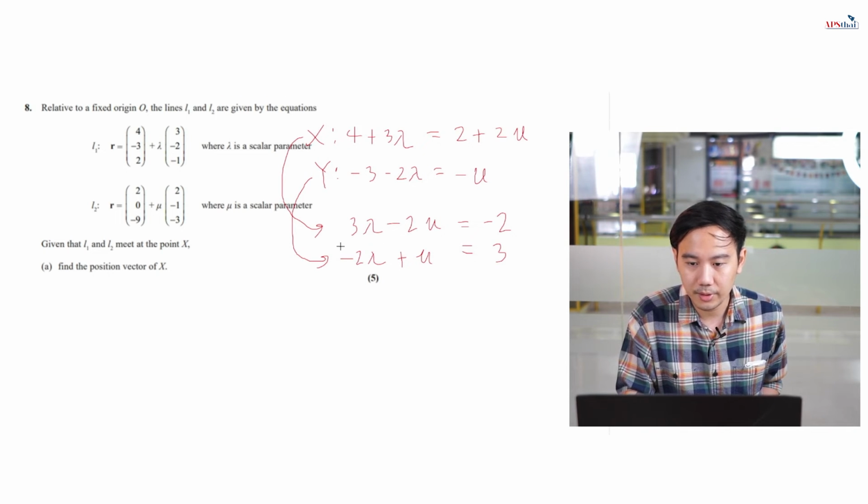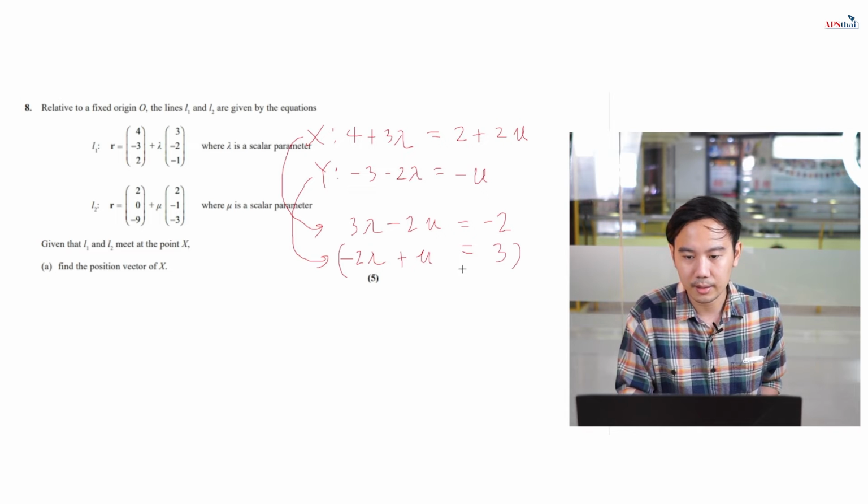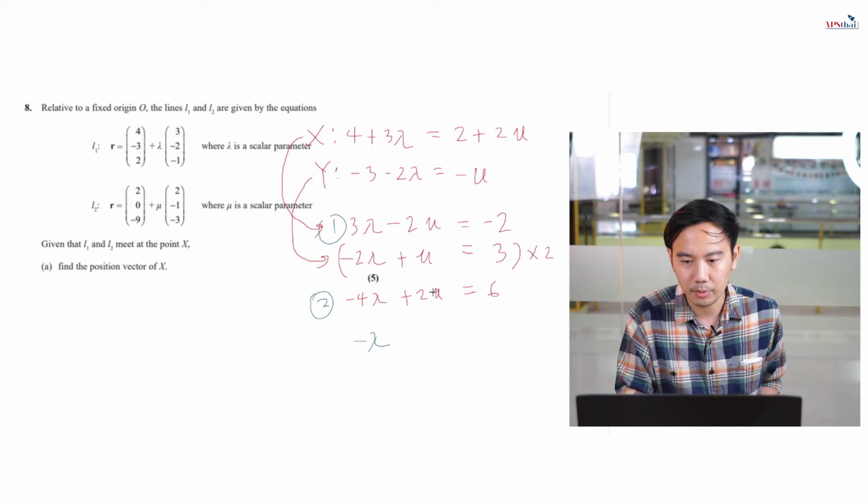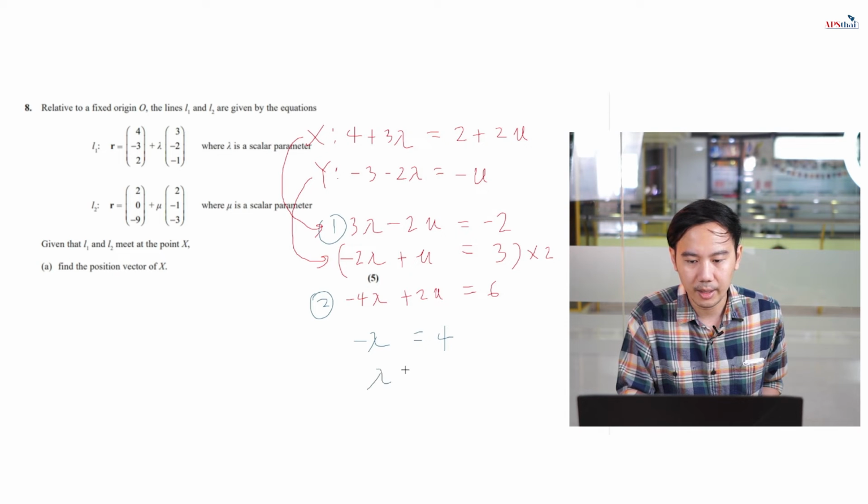In order to solve this, I can take the second equation, times it by 2, and I'll get negative 4 lambda plus 2 mu equals 6. Then I'll add them together. I'll get negative lambda, and the mu term will be gone, and the right side will be 4, which means that lambda equals negative 4.